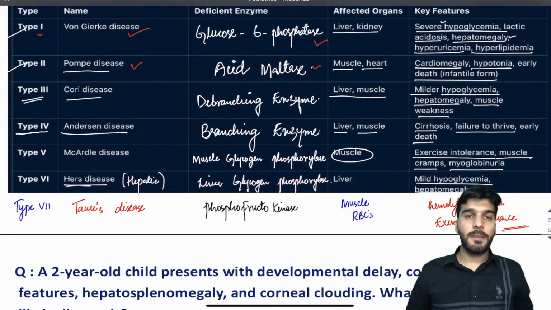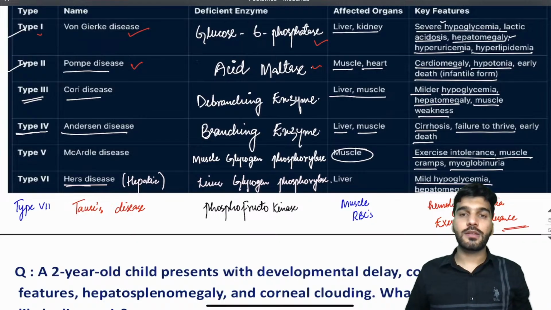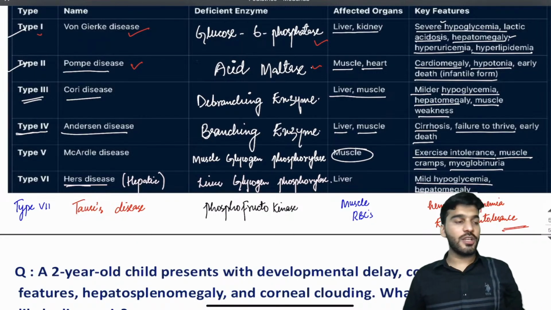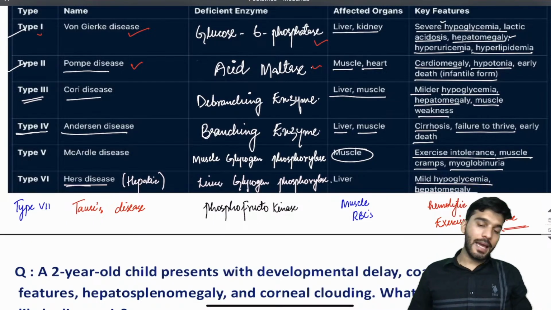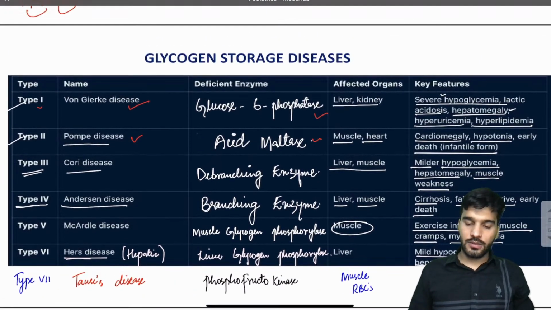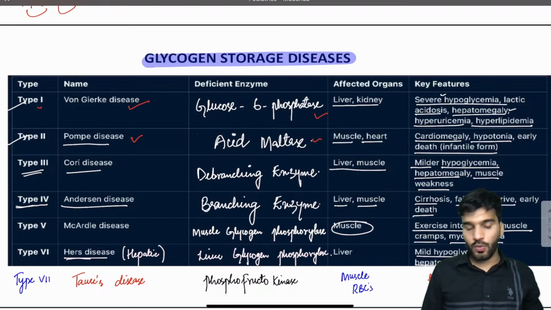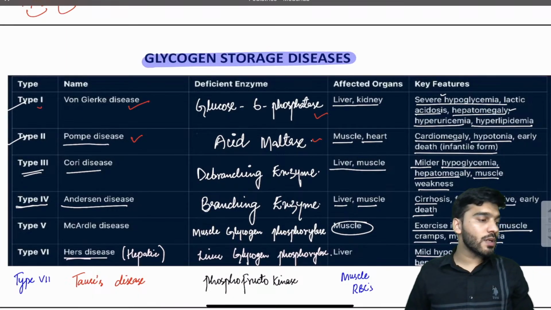Then McArdle's has muscle glycogen phosphorylase. M is muscles, so there is exercise intolerance and muscle cramps. H is Hers disease, hepatic involvement, so there is hepatomegaly. So this is all about the glycogen storage diseases.